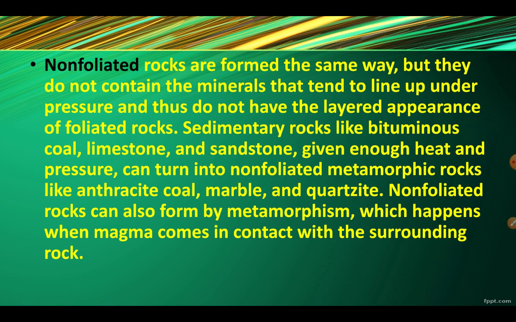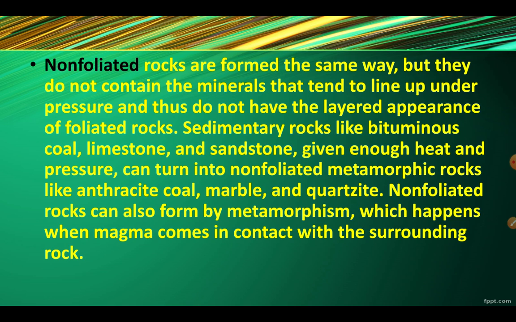Non-foliated rocks can also form by metamorphism, which happens when magma comes in contact with the surrounding rocks. Okay, now I am going to explain to you what is metamorphism. Metamorphism is a process that is the alteration of the composition or structure of a rock by heat, pressure or other natural agents, right?